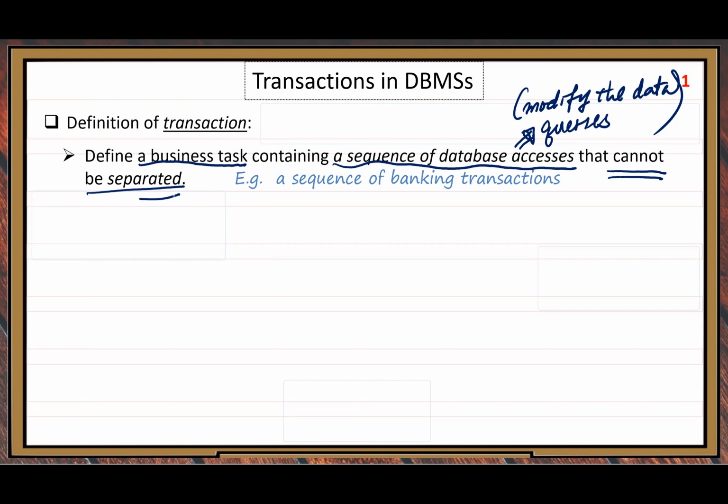Let me explain a few more minutes. Withdraw from account A, deposit in account B. You do not want to separate these two operations. You want to treat them as one integral operation. It cannot be separated. Always do these two operations at the same time.